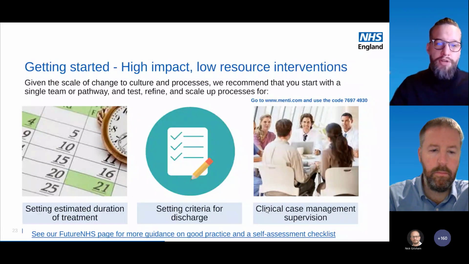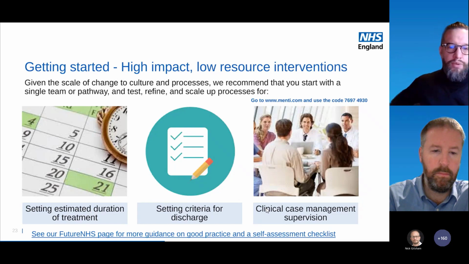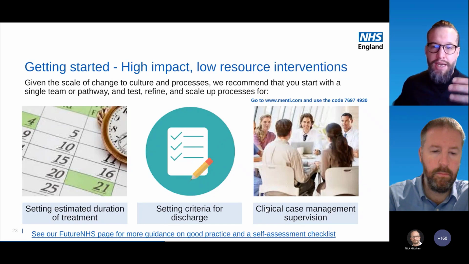So if you're not currently using these approaches, to get started, what we'd recommend focusing on are the setting of estimated durations of treatment, setting criteria for discharge, and using clinical case management supervision to monitor and report on progress against pathways. And while it's not an optimal way of doing it, it is possible to develop a set of co-produced local standards, implement the processes, and report on the outputs of the activities without major digital infrastructure work.